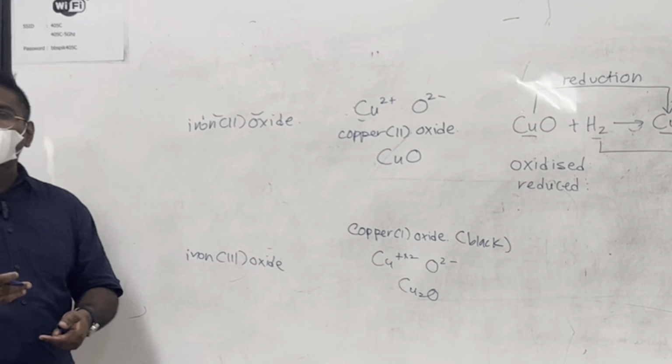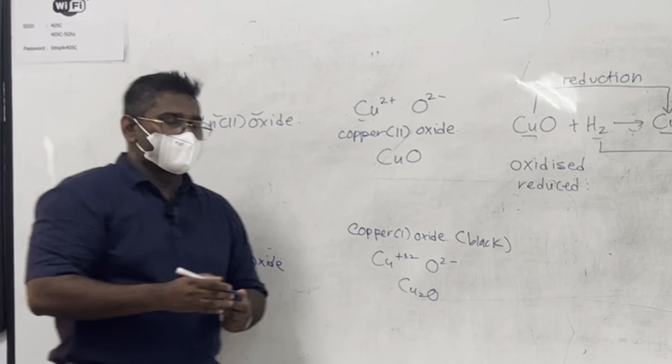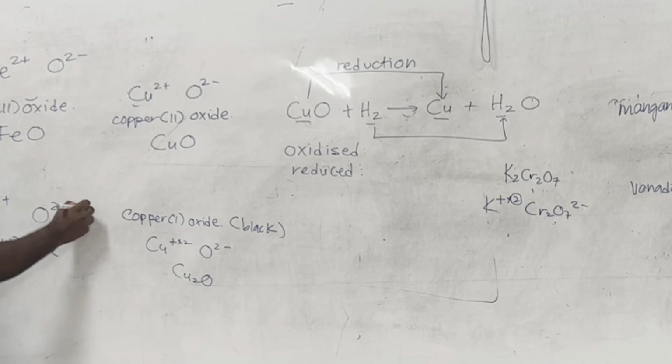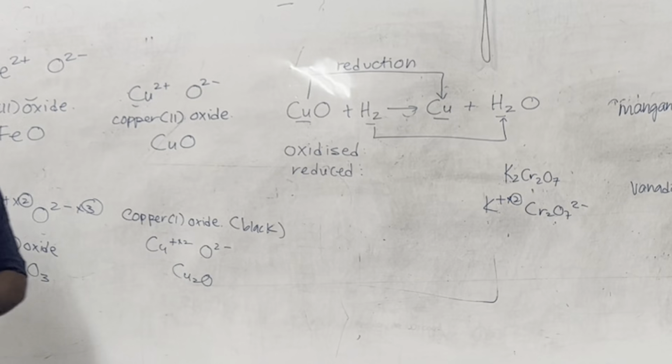You should be able to work forward and also in reverse. Iron 2 is Fe2+, oxygen 2-, so it's FeO. Iron 3, Fe3+, O2-. I'm not going to use crisscross, because I know I need to get 6. So this one times 3, this one times 2: Fe2O3. I still get the same thing.